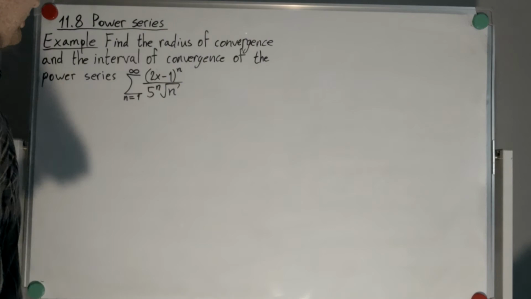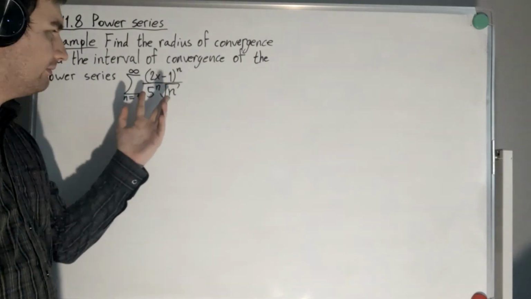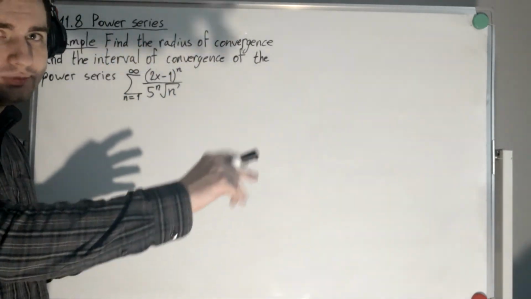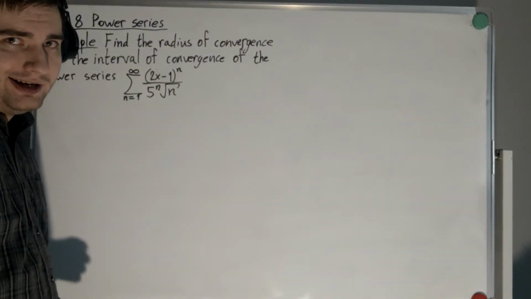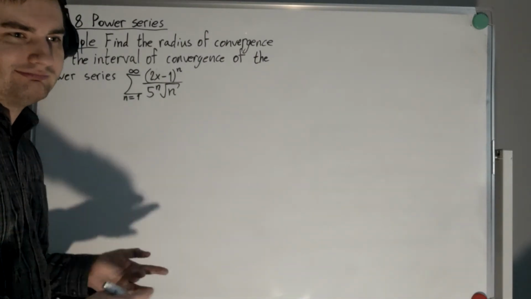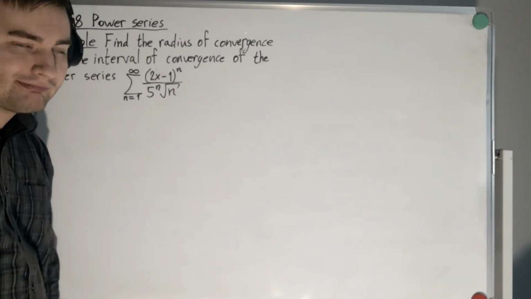And it is. It is a power series because you can factor a 2 out of these two terms here. You get 2 times (x minus 1/2), right? And then you can screw around with that so that it turns into the form of a power series.